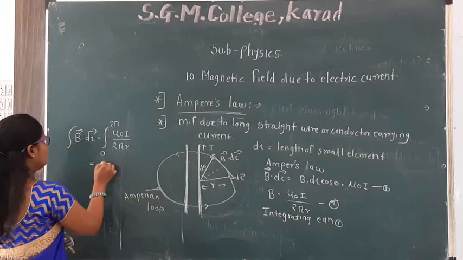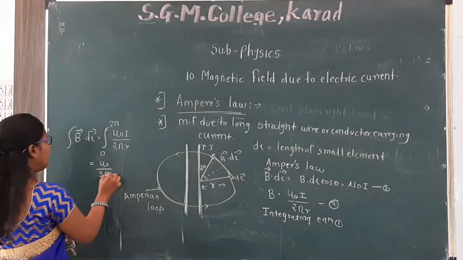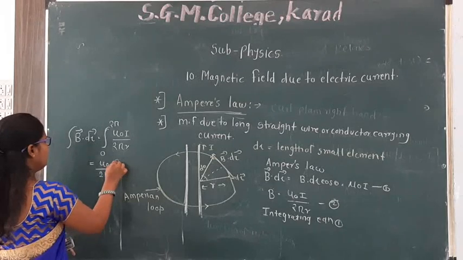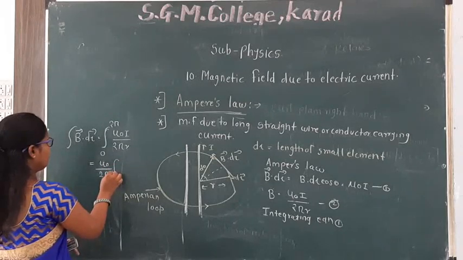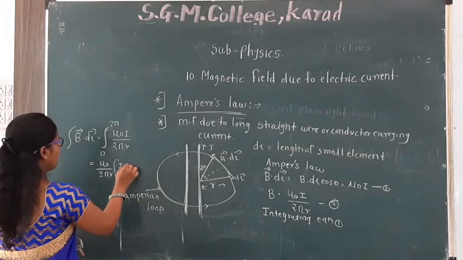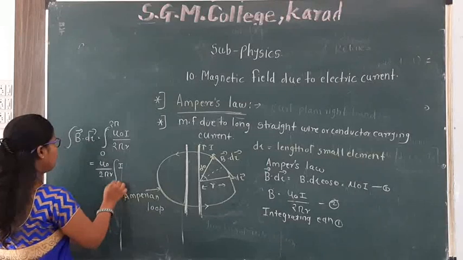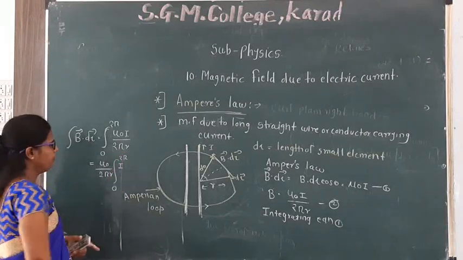Therefore mu 0 I upon 2 pi R, integrated from 0 to 2 pi.